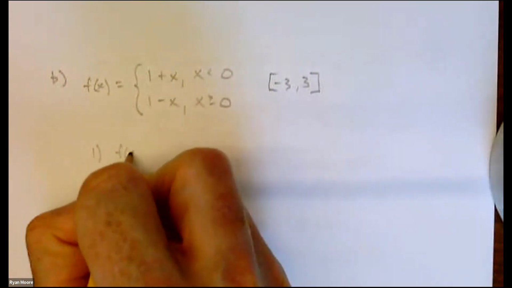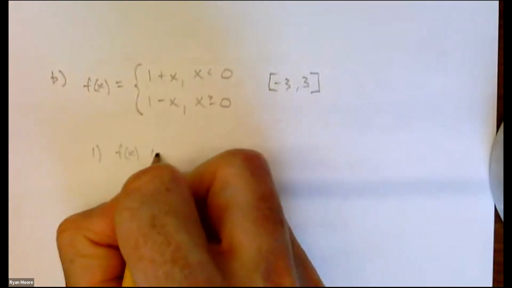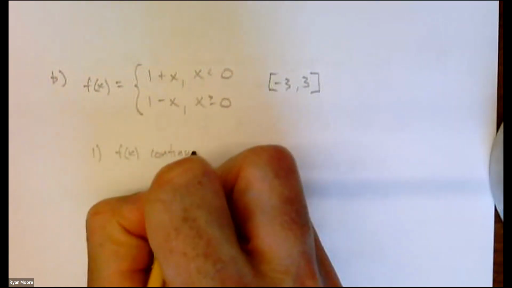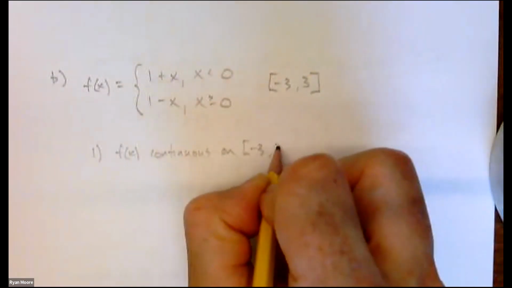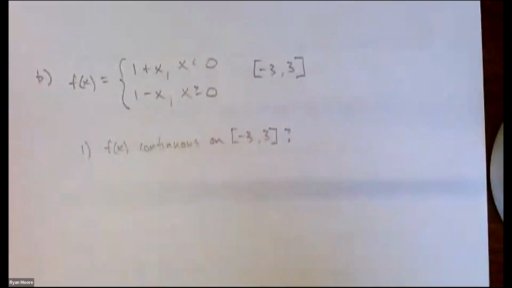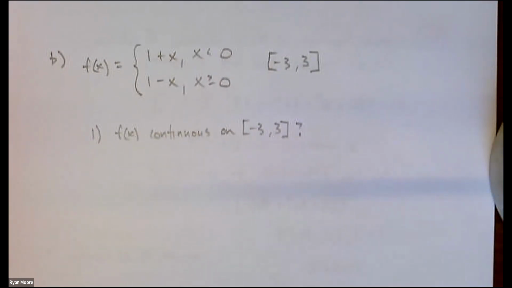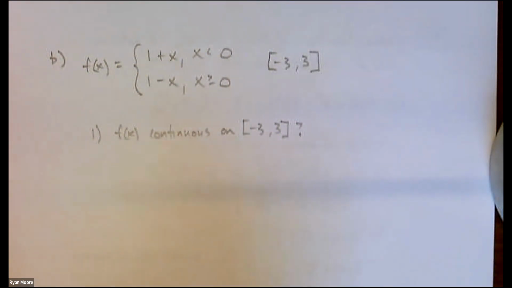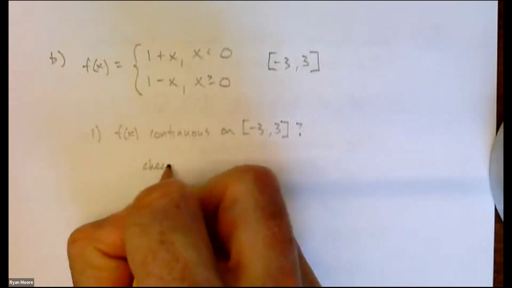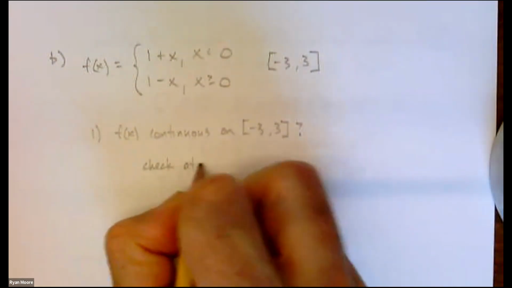So first condition, first hypothesis: is f of x continuous on negative 3 to 3? And we're not immediately sure. Okay, the only possible issue is where it switches at 0. Check at x equals 0.